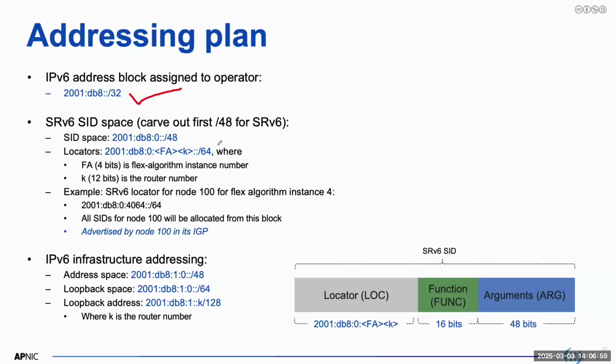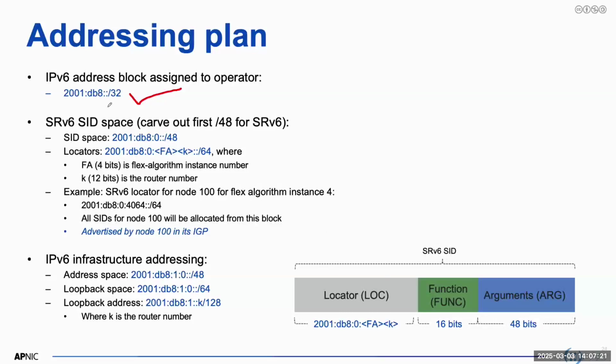What is the portion you will assign to each of your nodes within the segment routing, and what are the different functions that you need to implement? Because within segment routing, without implementation of functions, there is no actual benefit of having this technology.